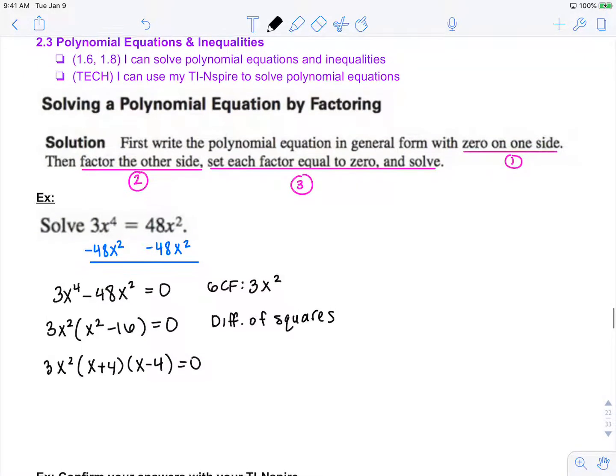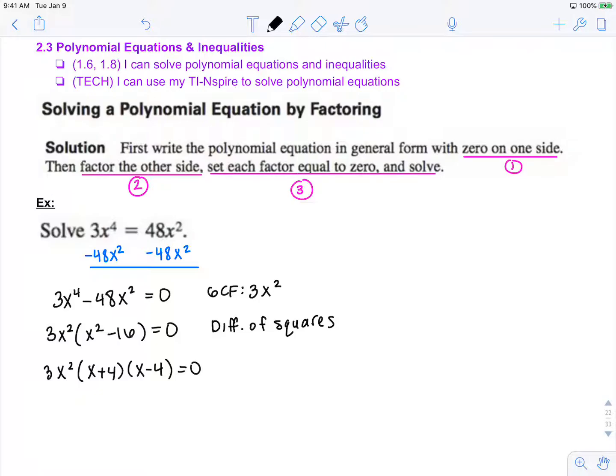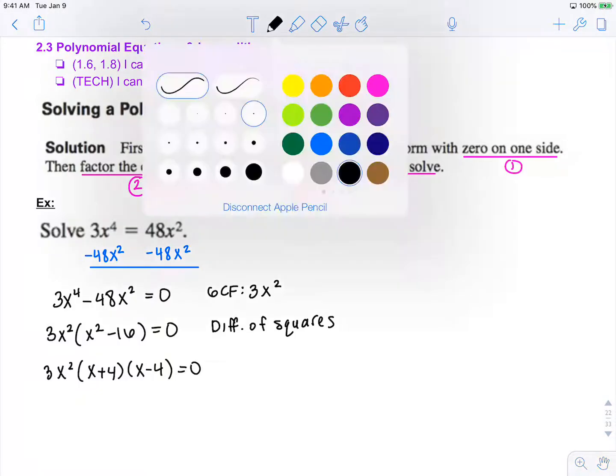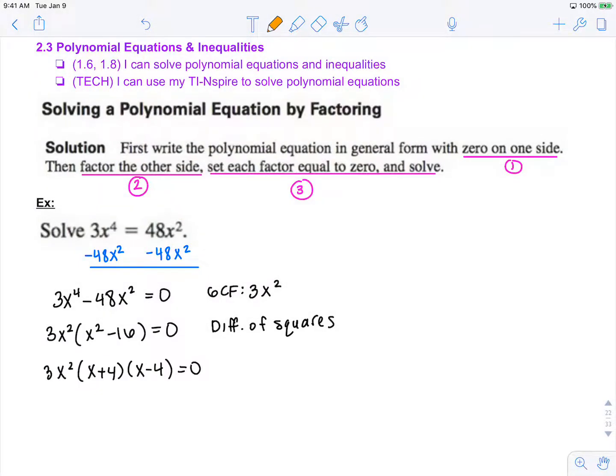So now what we need to do is set each factor equal to 0 and solve. But first, let's talk about why we do this step here. It connects to a property called zero product property.